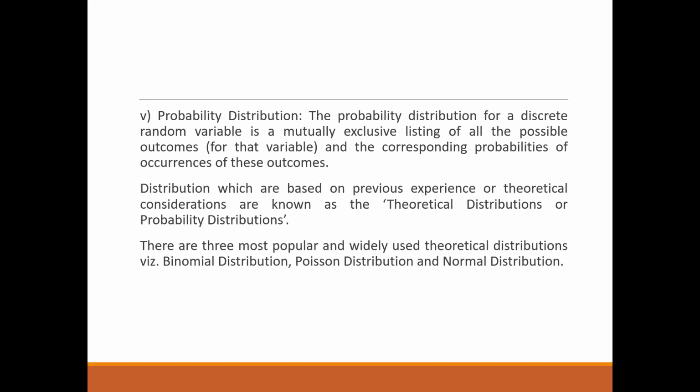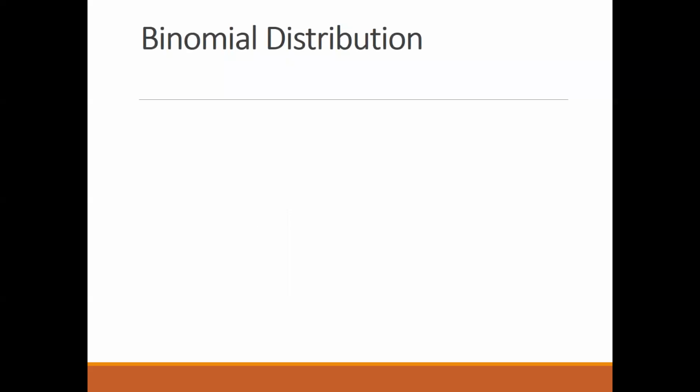Such an experiment where only 2 possible outcomes are there is nothing but the binomial distribution, and the experiment is also known as a Bernoulli trial, B-E-R-N-O-U-L-L-I. Let us look at the binomial distribution first. I want you all to note down the formula for this, and we'll take one example if time permits today itself.